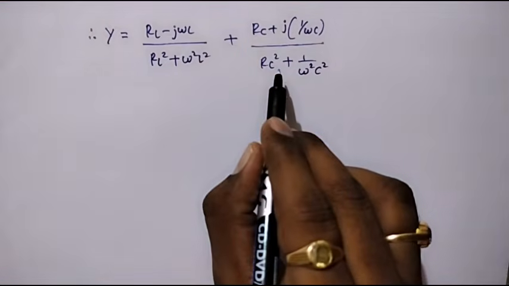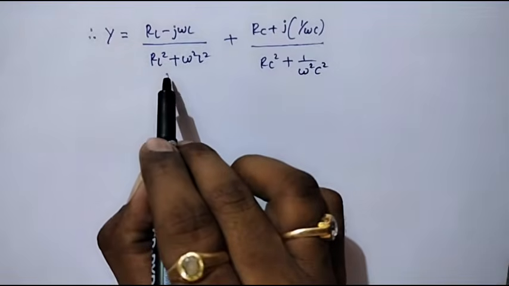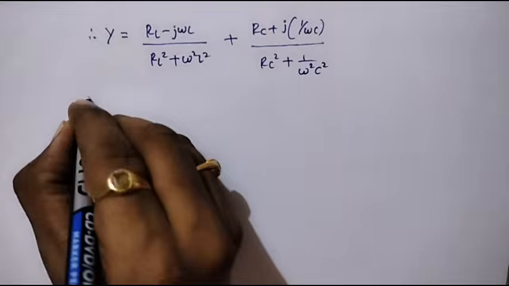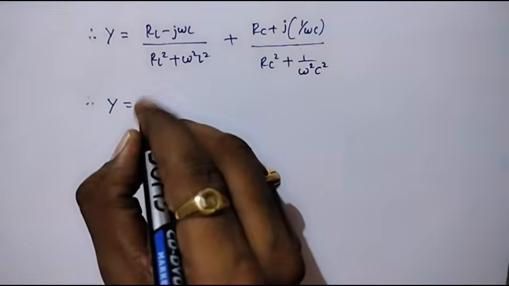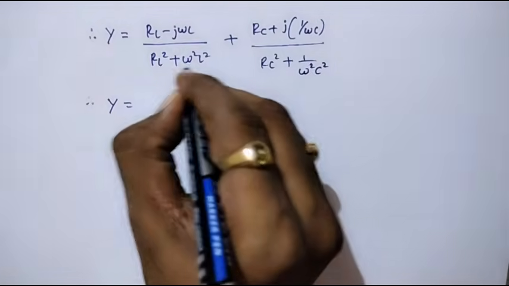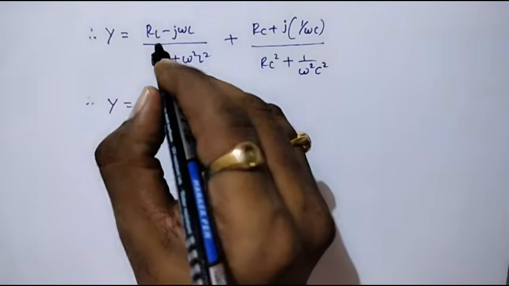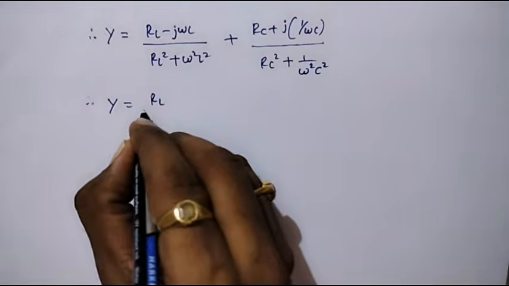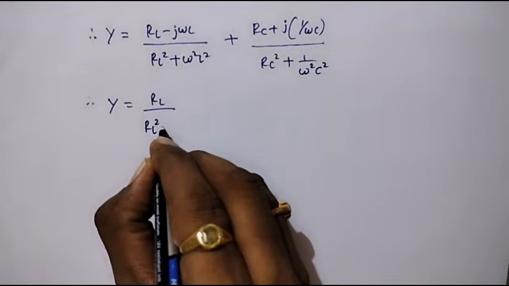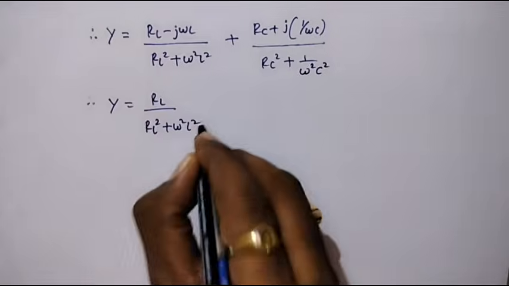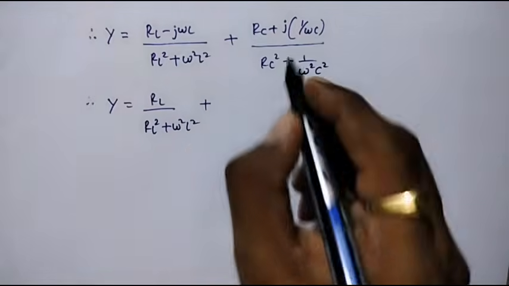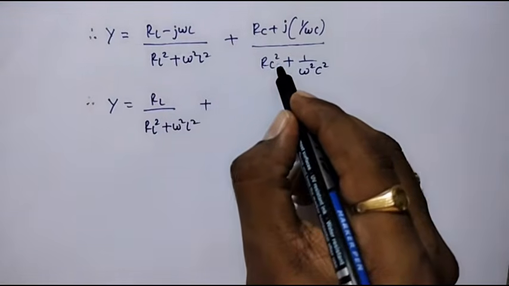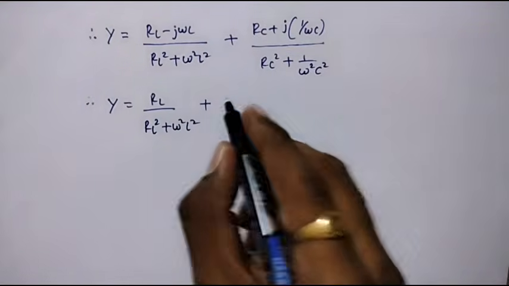From these two terms I will separate the real terms and the j terms, that is the imaginary terms. I will rewrite this equation as Y is equal to, the real term in the first term is RL divided by RL square plus omega square L square, plus I'll take the real term from the second, that is RC divided by RC square plus 1 upon omega square C square.